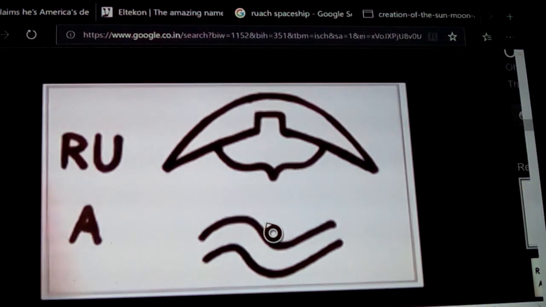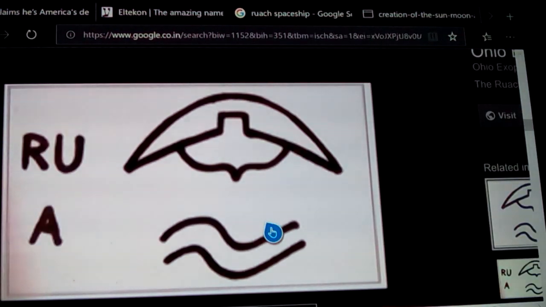So this is the symbology of Ru, and Ah, and K is actually an X with a circle around it. Now, K is actually giving symbology to a land. It denotes a place, like X marks the spot. And when they made the earliest maps, this is where it is.